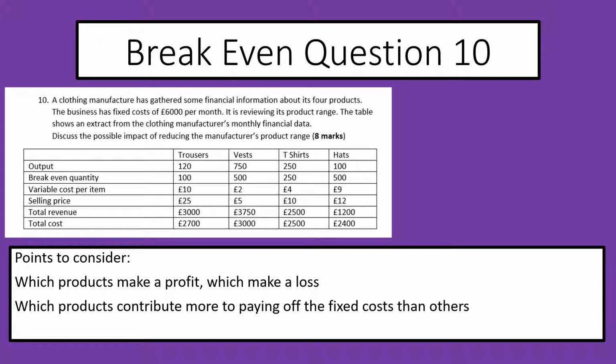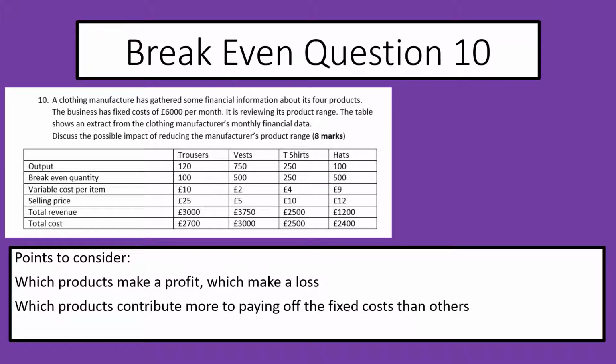Now, which products contribute more to paying off the fixed costs than others? Now, we can see the sales price of trousers is £25 and the variable cost is £10. So every time they sell a pair of trousers, they contribute £15 to paying off their fixed costs.